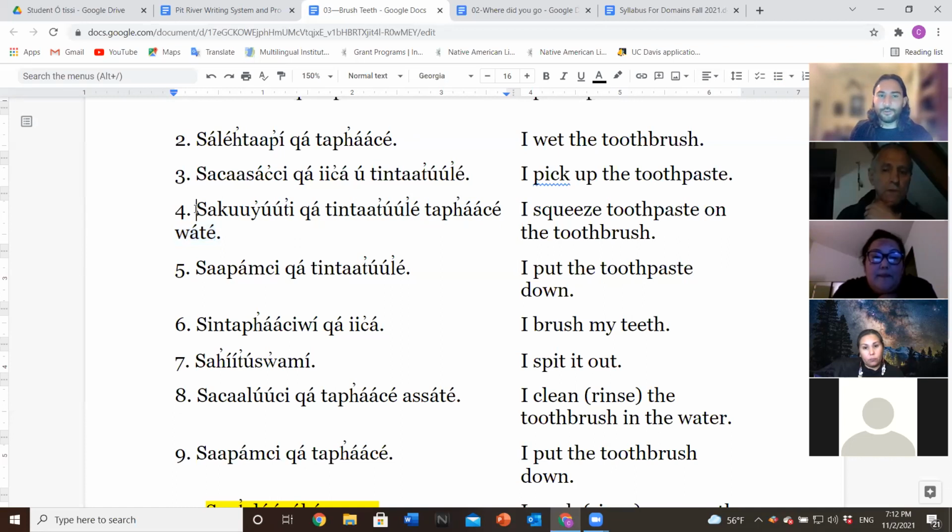Sagu yuti is like I'm squeezing out, and dintatule is like the suds, which would be the toothpaste, onto the toothbrush. So basically, this word always goes after. If you see something before this word, it means that's the place that it's happening at.